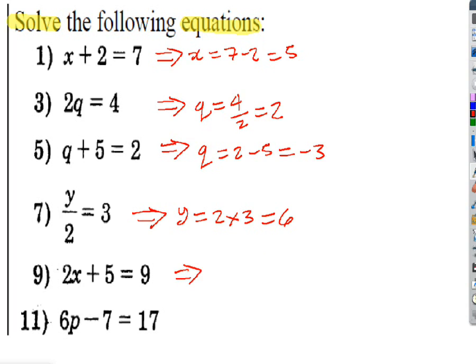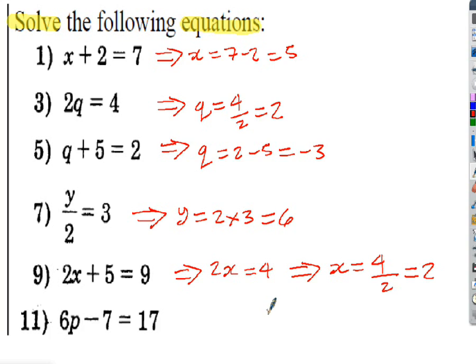So I will get 2x is equal to 4. Now to find x I need to divide, as the 2 is multiplying the x, so the inverse operation is divide. So x is equal to 4 divided by 2, or 2.